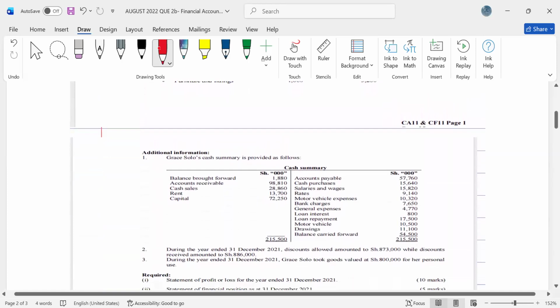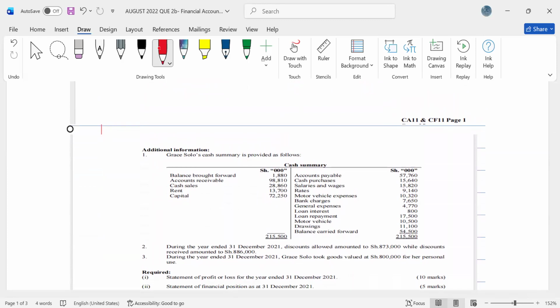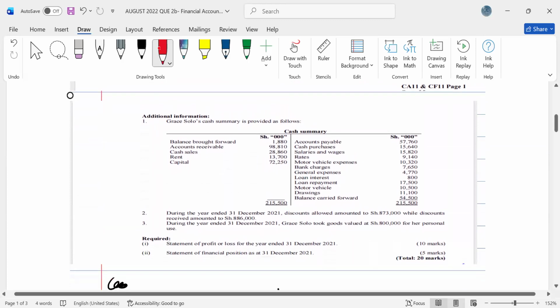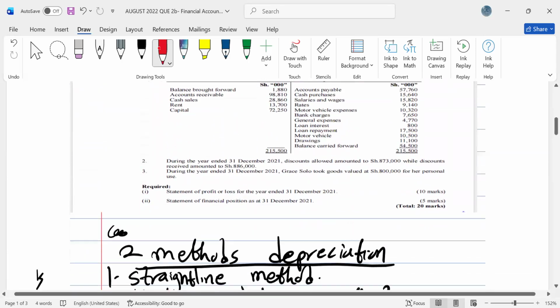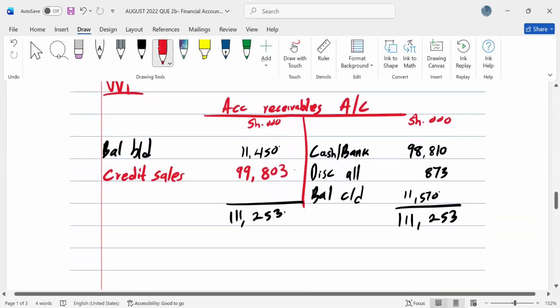Yes, additional information number 1, item number 3, they have given us cash sales. The moment we name cash sales, automatically there's something hidden that we call credit sales. That is why you'll need to do workings for account receivable so that you can get credit sales.